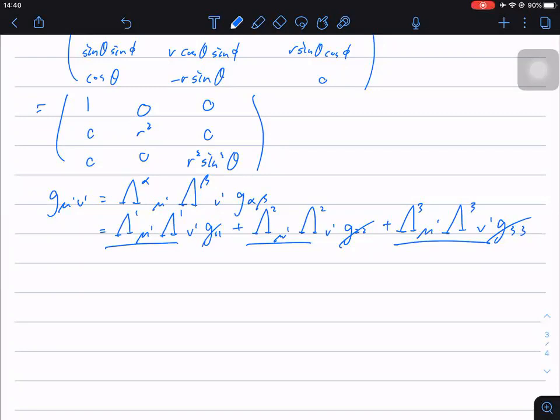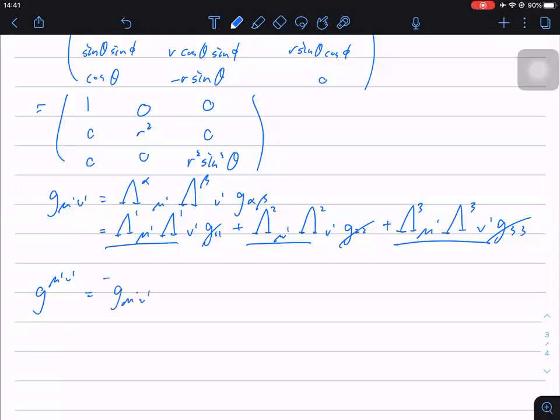Okay, and I actually did part C as well, the matrix tensor. And for the inverse, I believe you all know how to find the inverse tensor.